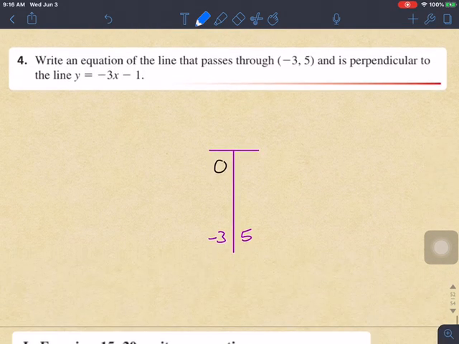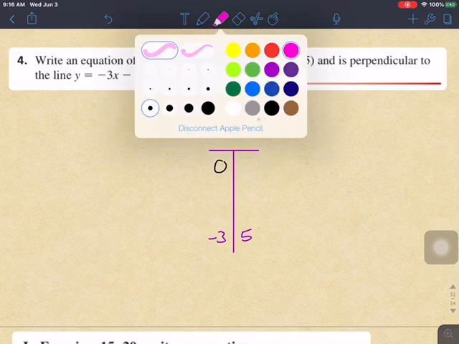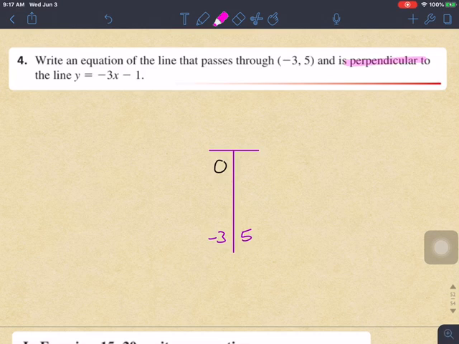Secondly, we're going to talk about perpendicular. When we see the word perpendicular, here's what we have been taught, and this is what we need to remember. A perpendicular slope is the opposite sign, so negative to positive, positive to negative, and it's the reciprocal. In other words, 1/3 and 3/1 are reciprocals.